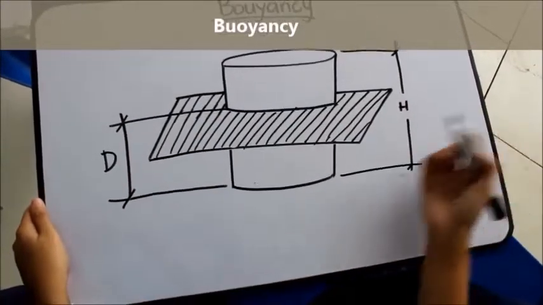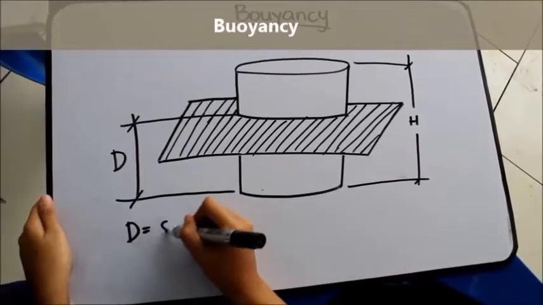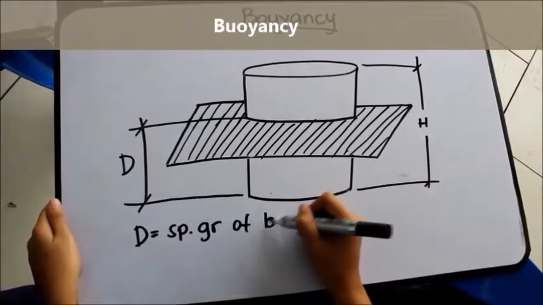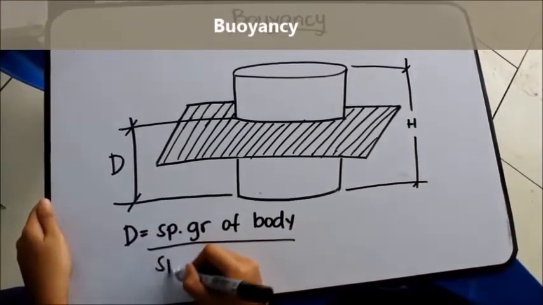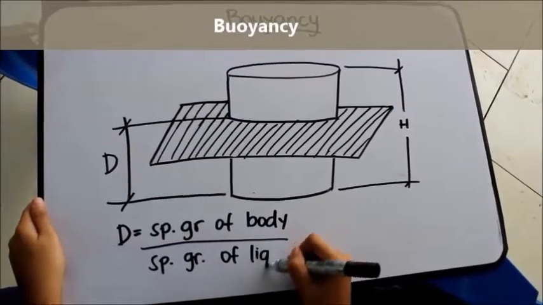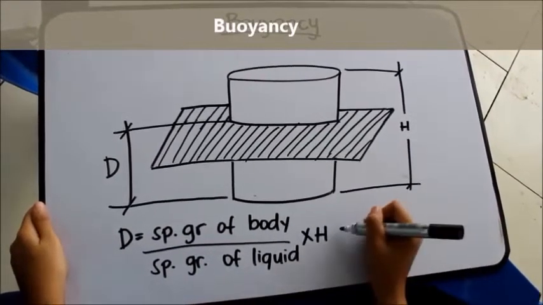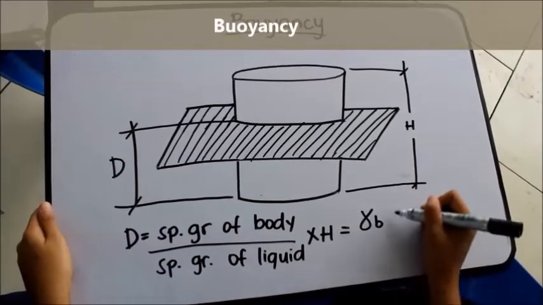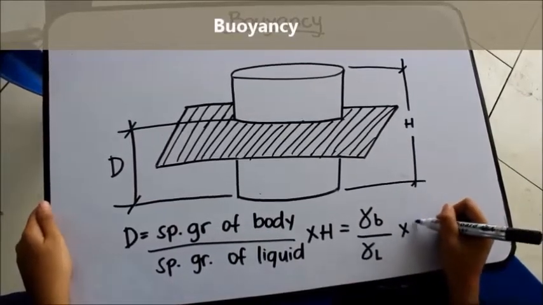So the formula for distance is specific gravity of body over specific gravity of liquid, times the height, or also equals unit body over unit liquid, times height.